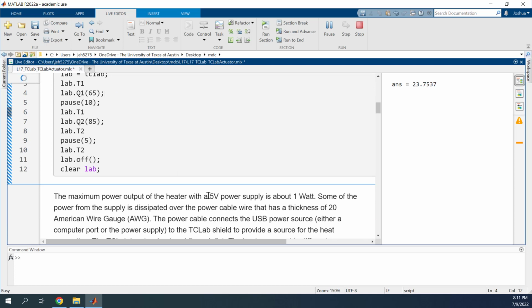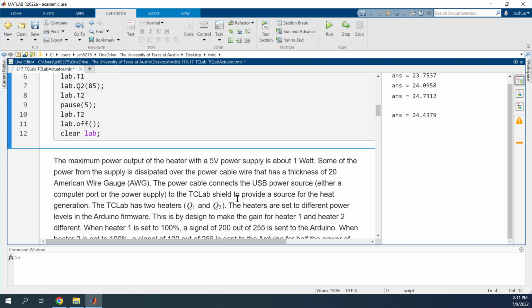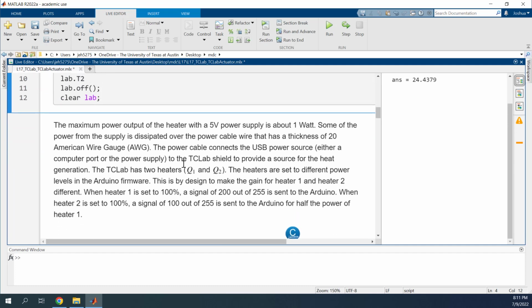You can connect your USB that supplies power to a computer. You may have noticed there's not actually as much power coming from your computer normally, but you can do that. Either way, the power gets transmitted into a voltage signal, and that voltage signal is then transmitted into a different heat setting.